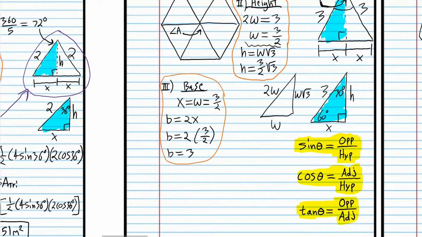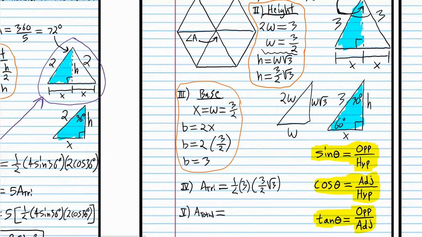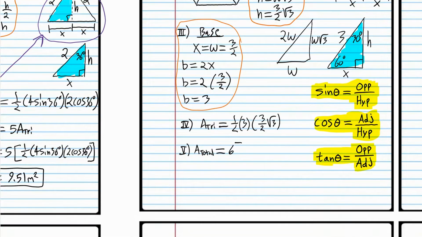And step 4, area of the triangle is equal to 1/2 times the base times the height. And then part 5, the total area is equal to, and we have 6 triangles there, so 6 times 1/2 times 3 over 2 times root 3, and so on and so forth.